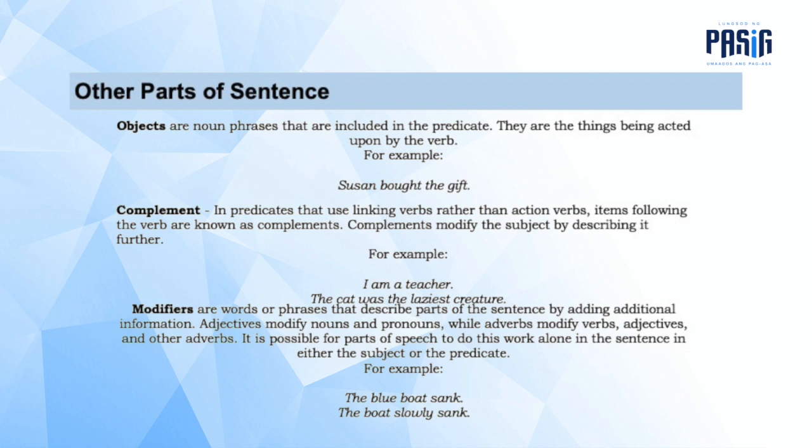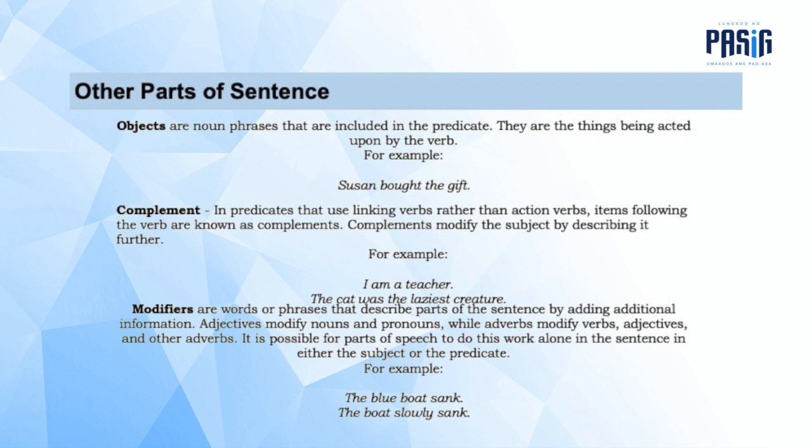And last, modifier. Modifiers are words or phrases that describe parts of the sentence by adding additional information. Adjectives modify nouns and pronouns, while adverbs modify verbs, adjectives, and other adverbs.